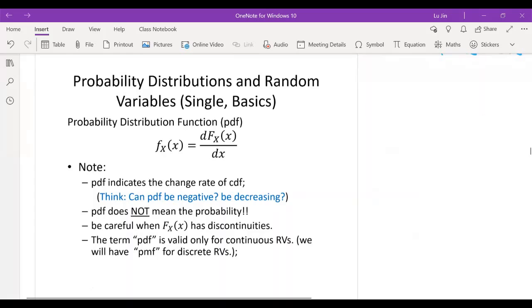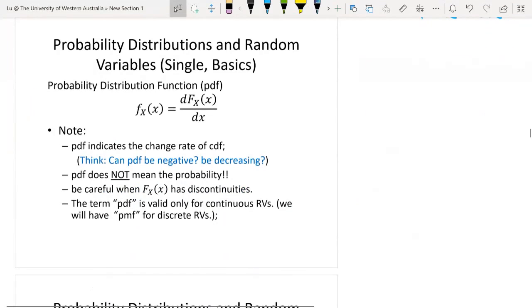We are using lower f for this probability distribution function, followed by the name of the random variable. So this means we want to evaluate the probability distribution function PDF for the random variable capital X.